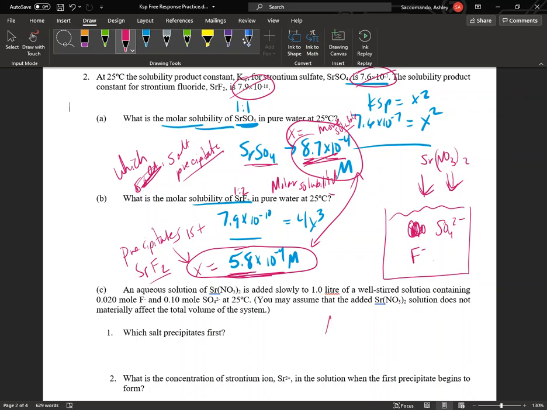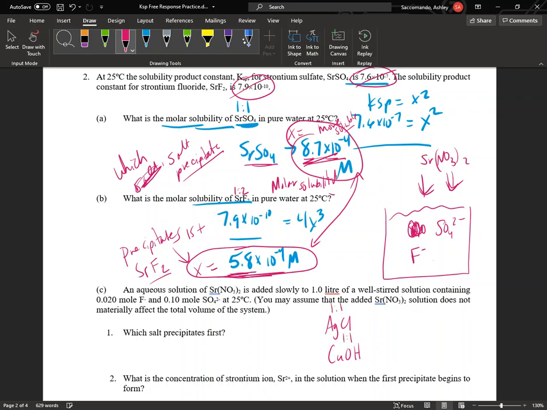Also to point out, if you had two that you were comparing that had the same ratios, say something like AgCl and CuOH, copper(I) hydroxide and silver chloride. They're both 1:1.